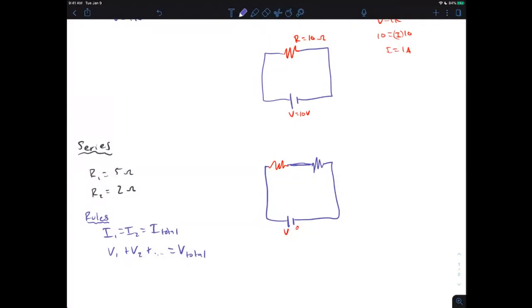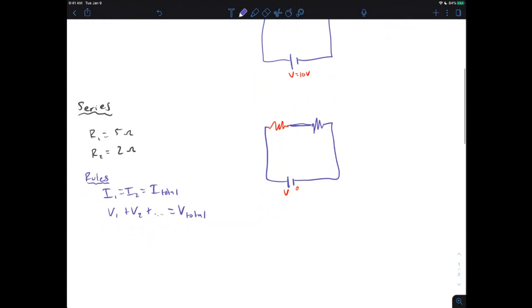And then the last thing here is how much resistance there actually is in this circuit. If we imagine this again as two pieces of wire that I put in my circuit, and then I put them closer and closer together, this could be considered just one long piece of wire.